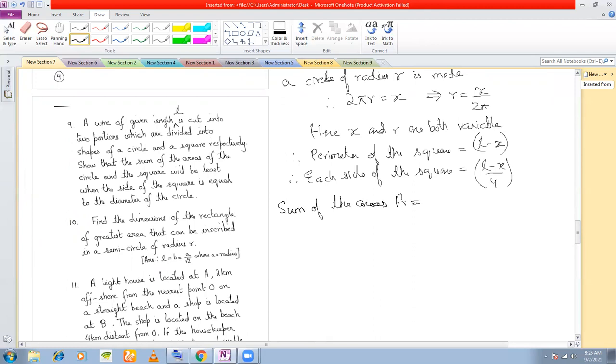Sum of the areas, A. What is the sum of the areas? Pi r square plus (L minus x by 4) whole square. This is the sum of the areas. Now write r in terms of x. You know r is equal to x by 2 pi.